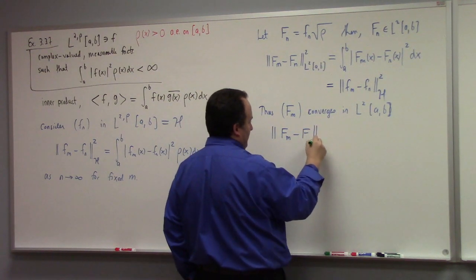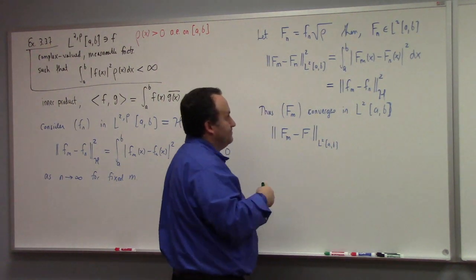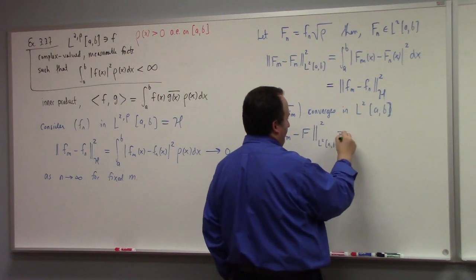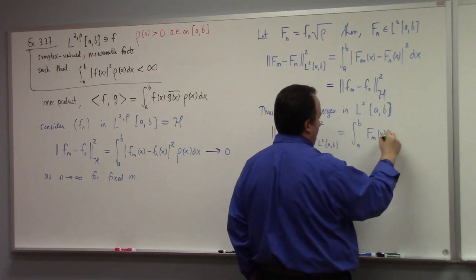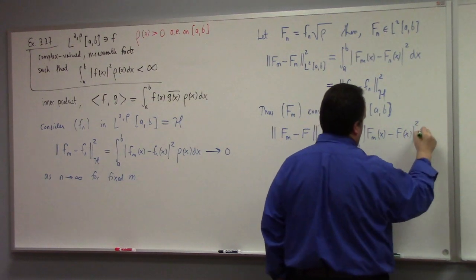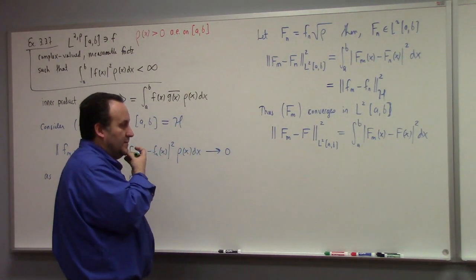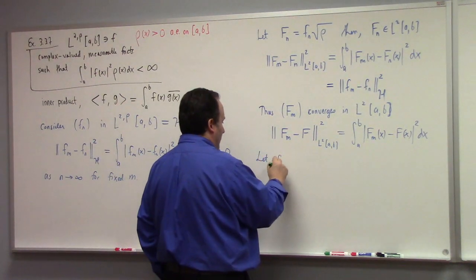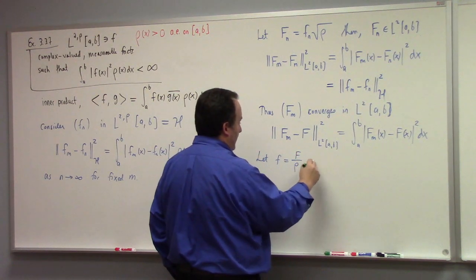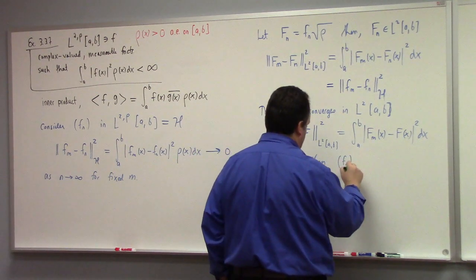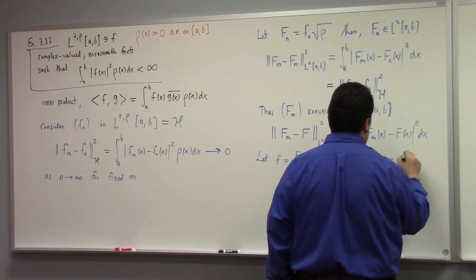There exists an F such that the L2 norm, right, and so if we let F equal to big F over rho, then you can argue that the Fn sequence converges to F in L2 rho AB.